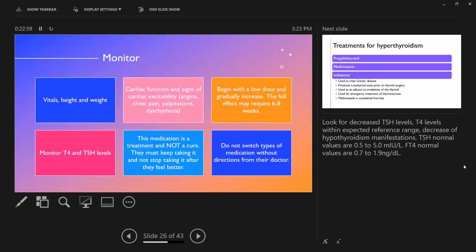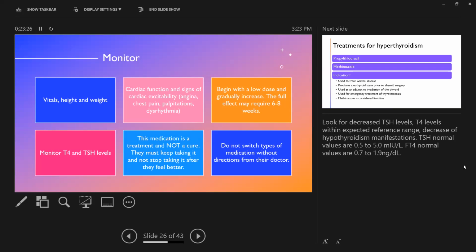So monitor vitals, height and weight, monitor cardiac function, look for signs of cardiac excitability. Begin with a low dose. If that doesn't work, bump it up. Full effect may require 6 to 8 weeks. Monitor T4 and TSH levels.